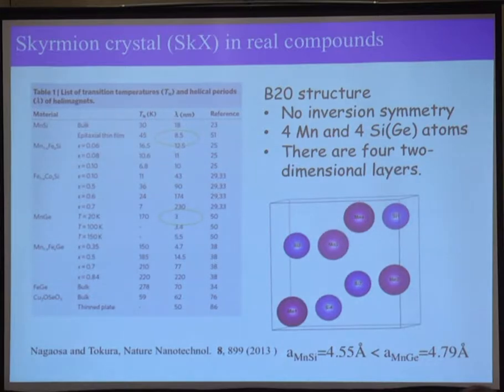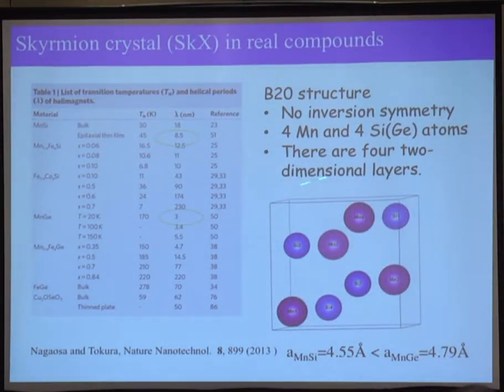For my purpose, I want to look in a little more detail at the magnetic silicide and magnetic germanium. The major difference between them is that you have very different Skyrmion size, and also, not listed in this paper, the magnetic moments of these compounds are very different.